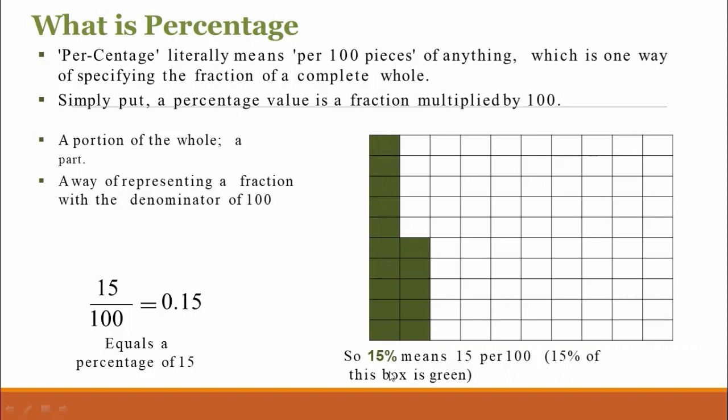So 15% means 15 per 100, 15 parts out of 100. 15% of these boxes are green: 1 2 3 4 5 6 7 8 9 10 11 12 13 14 15. So 15% of the boxes are green in the total of 100 boxes.